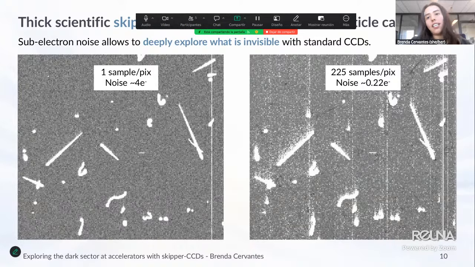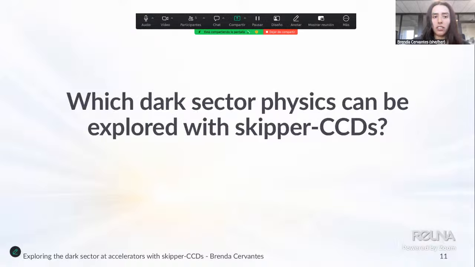So essentially, skipper-CCDs allow us to go beyond this noise barrier in standard CCDs and start seeing pixels with 1 electron, which is super powerful for particle searches.